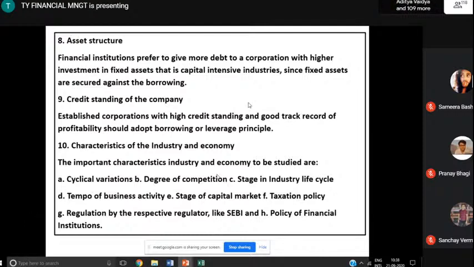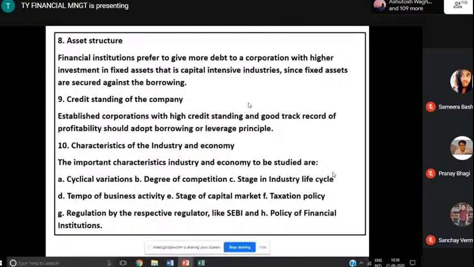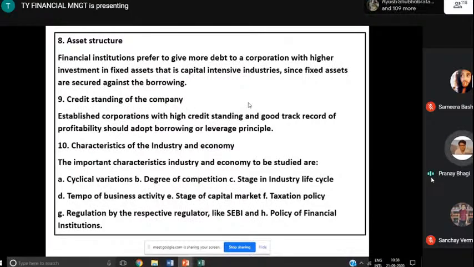Ask yourself. The answer is no, because the state of the capital market is terrible now. Even if you ask someone to invest, they will not invest because the economy is down and the industry is down. Next is taxation policy of the government.